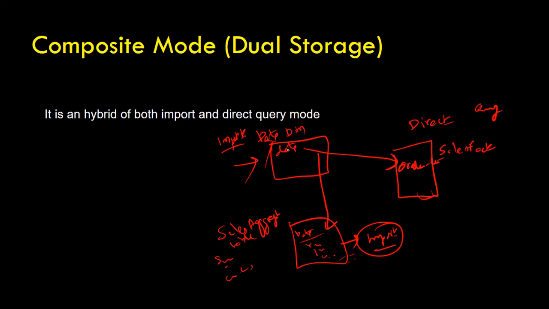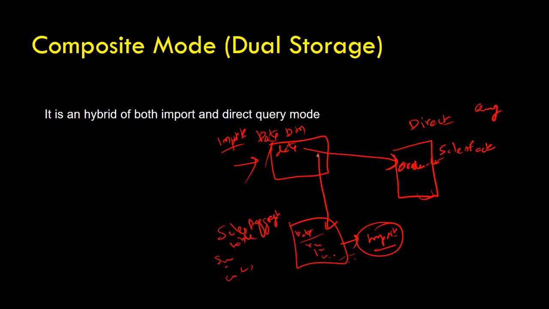So when you cache the data, this data will not be up to date, let's assume that way, because you need to refresh the table which uses import mode. That is one of the disadvantages of import mode. But the advantage is the performance will be faster because the data gets cached in memory.